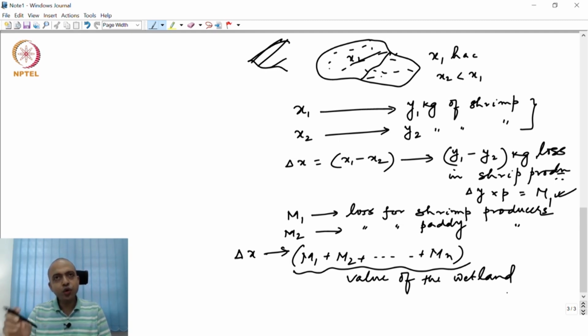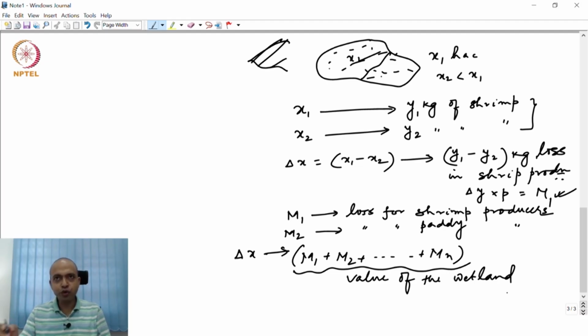So we are capturing only the use value, but the amenity value of the wetland is not captured in this production function approach. Similarly, the bequest value, existence value, and option value are not captured, because here we are trying to capture the use value of the wetland, the different types of services that we derive from the wetland, and that goes into the different types of production functions.